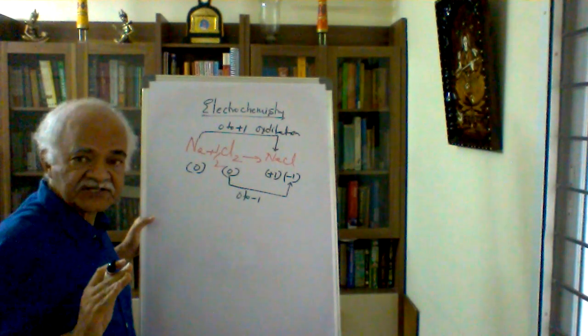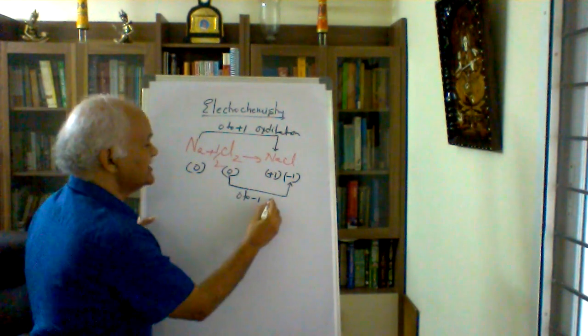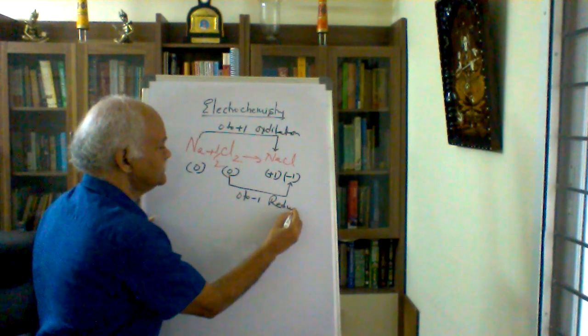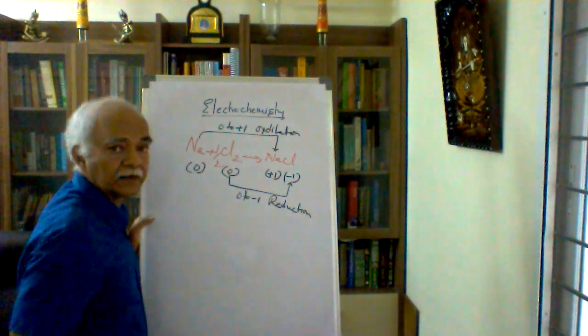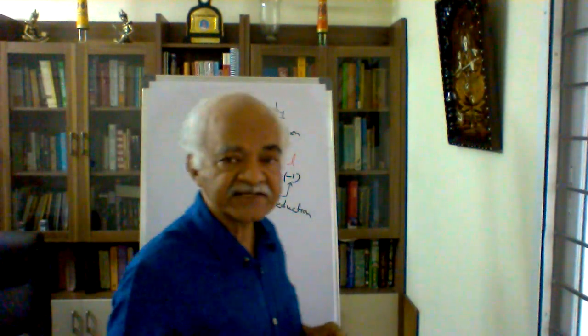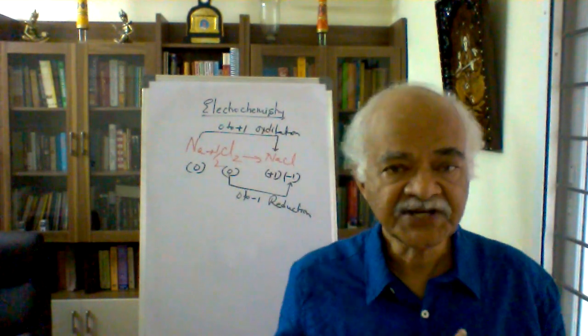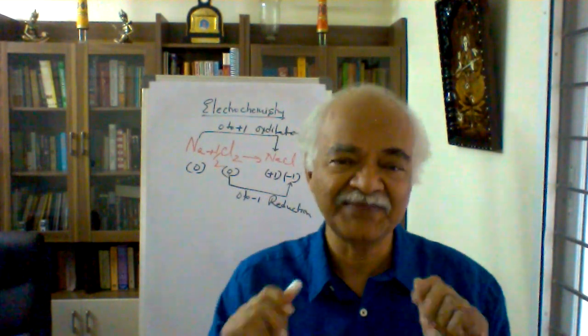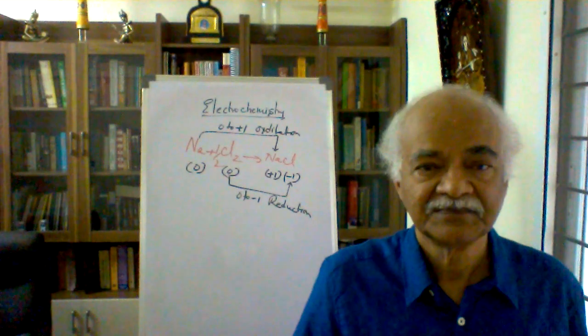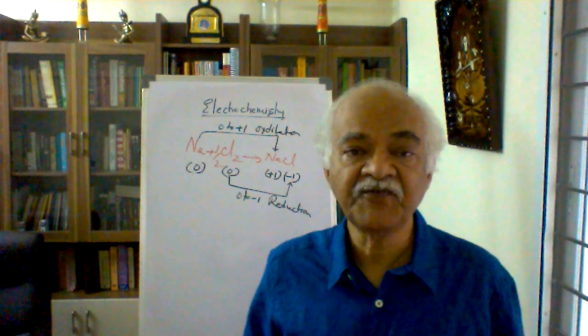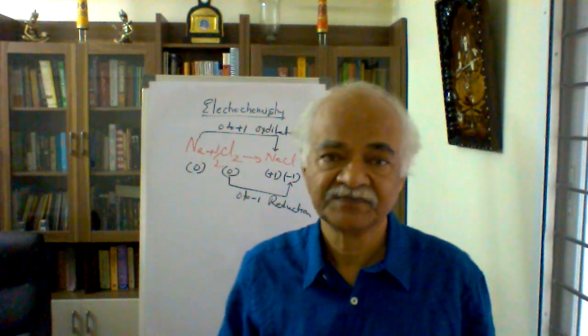And whenever oxidation number decreases, we call that reduction. Briefly, in this reaction we have seen reduction and oxidation taking place simultaneously, and this type of reaction is called a redox reaction.